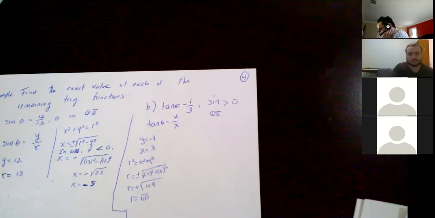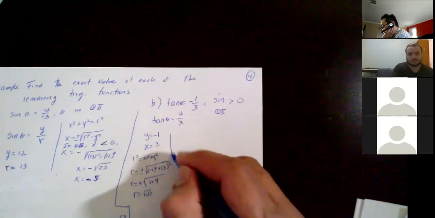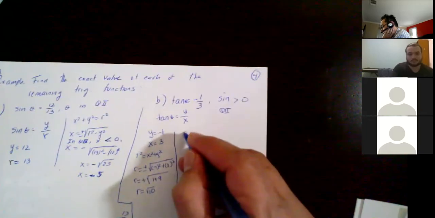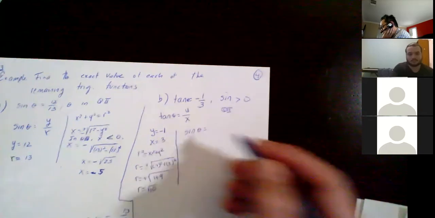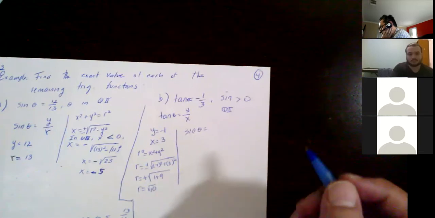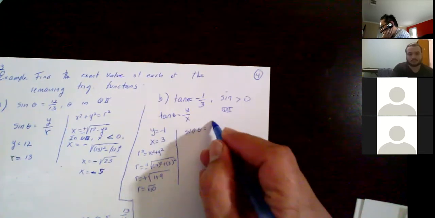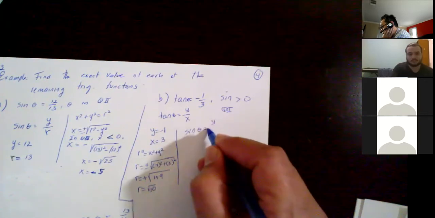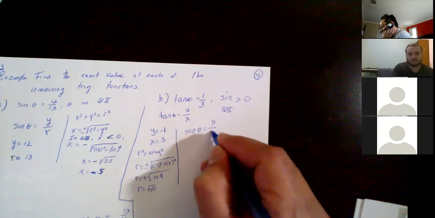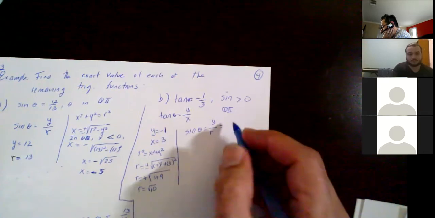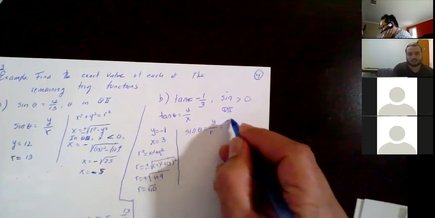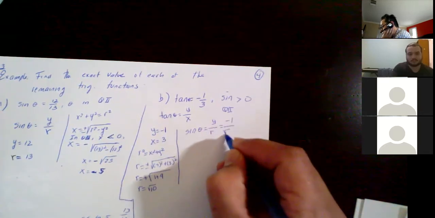And with this value of r, you can find the rest of the trig functions, right? So for example, sine of theta. Sine of theta is what? Y over r, and that's equal to -1 over square root of 10.